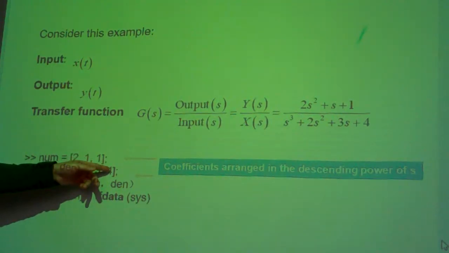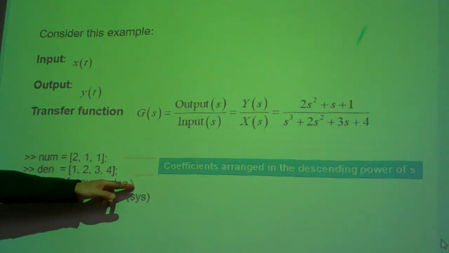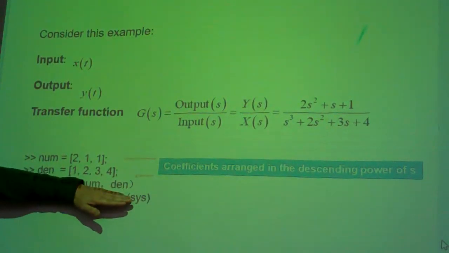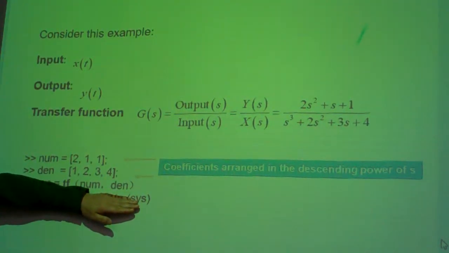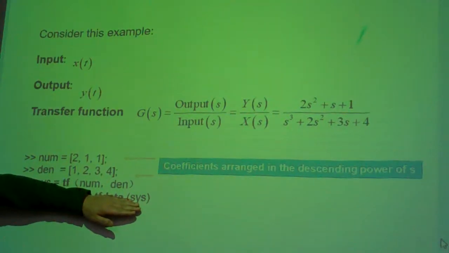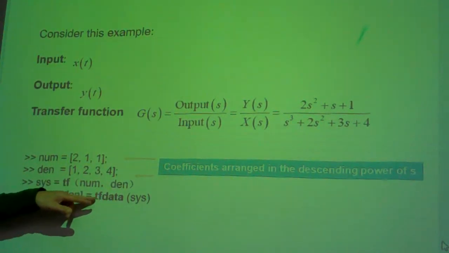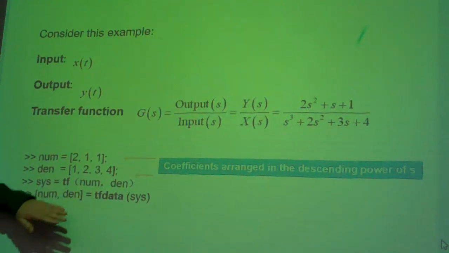The semicolon suppresses the display of the result, and here I don't put the semicolon. So once you hit return, you will see the display of the transfer function on the screen. Give it a try. And then tfdata, I forgot this command, so give it a try. I forgot this one, but so far so good.